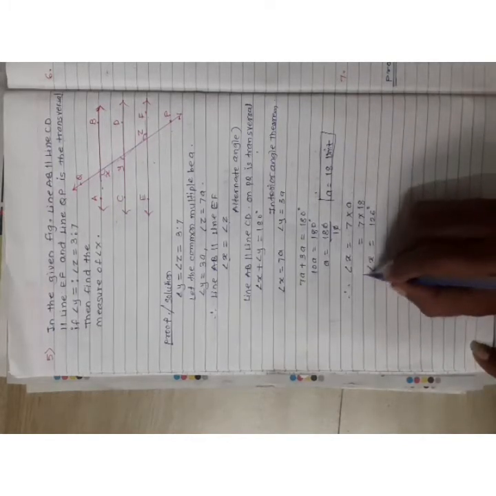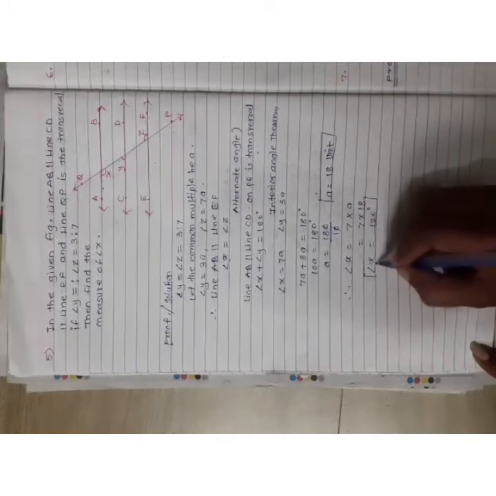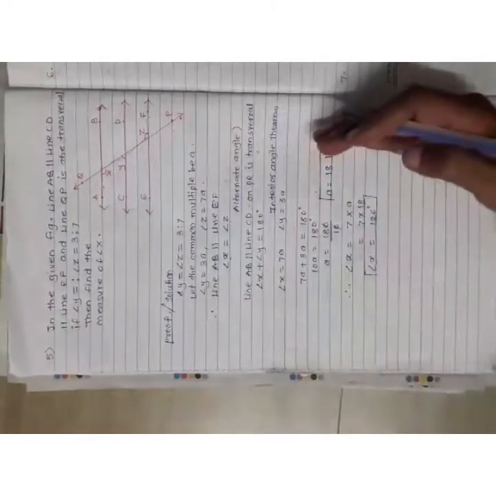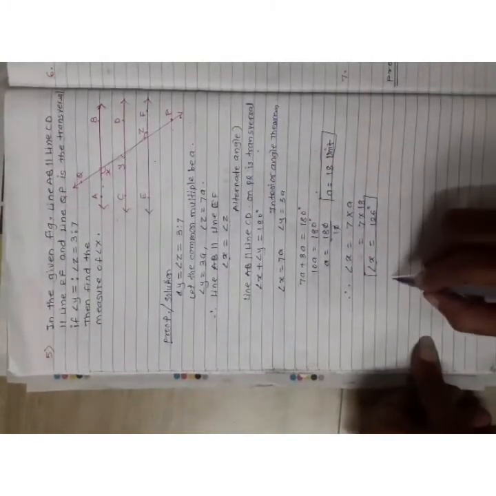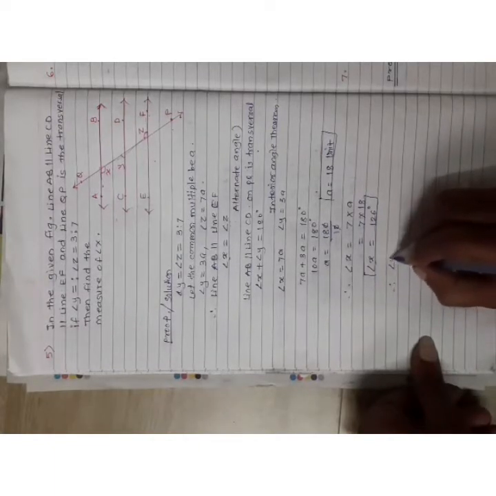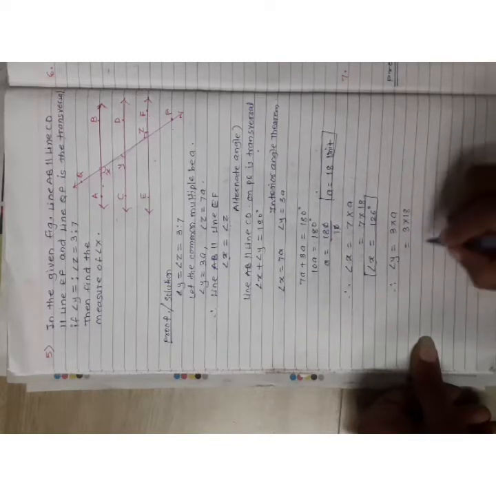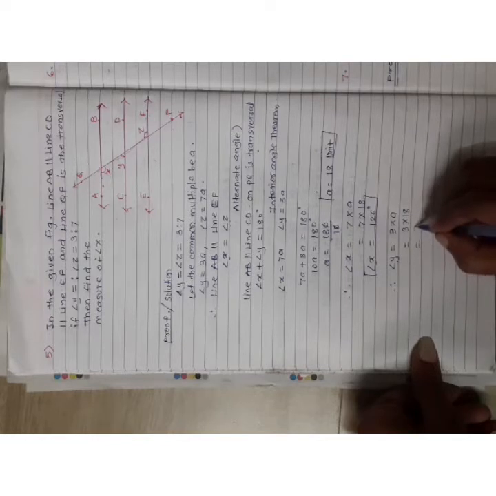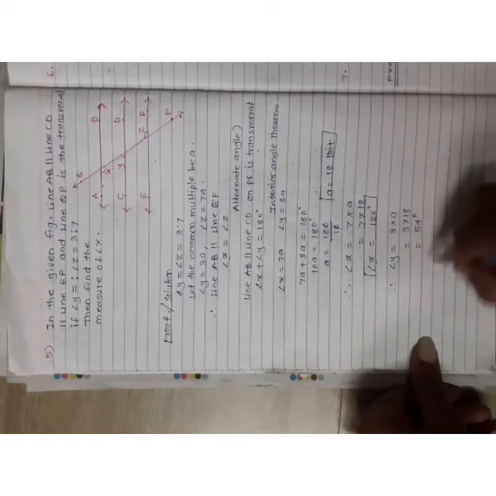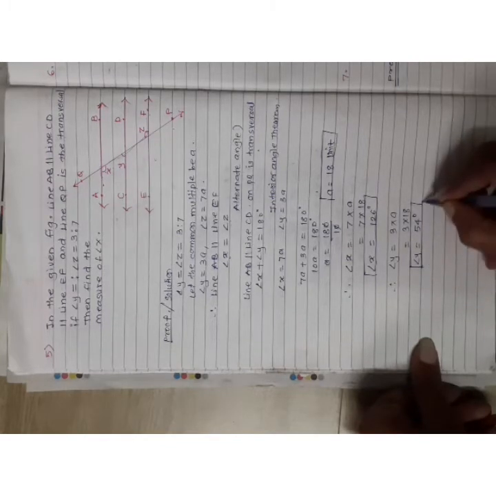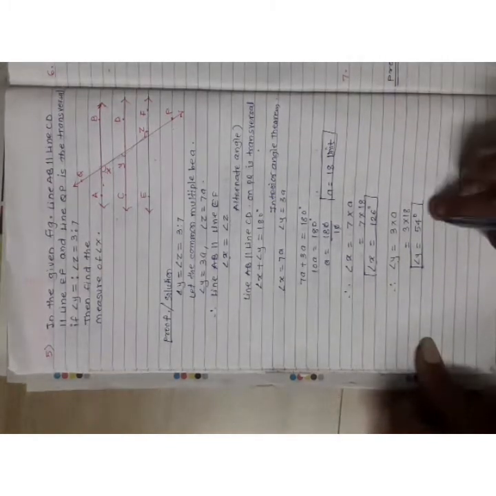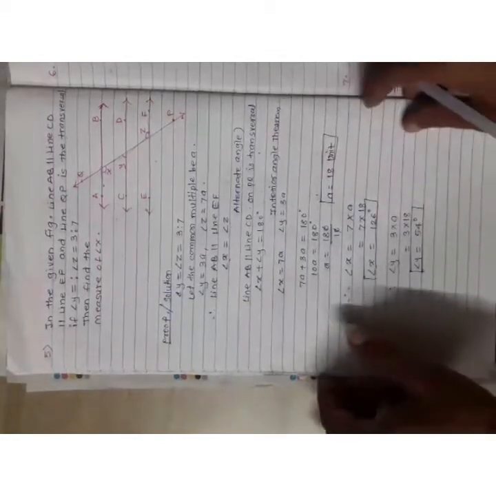Angle X is equal to 126 degrees. Therefore angle Y is equal to 3 into A, which is 3 into 18, which is 54 degrees. That is the value of angle Y. That was question number 5. Now question number 6.